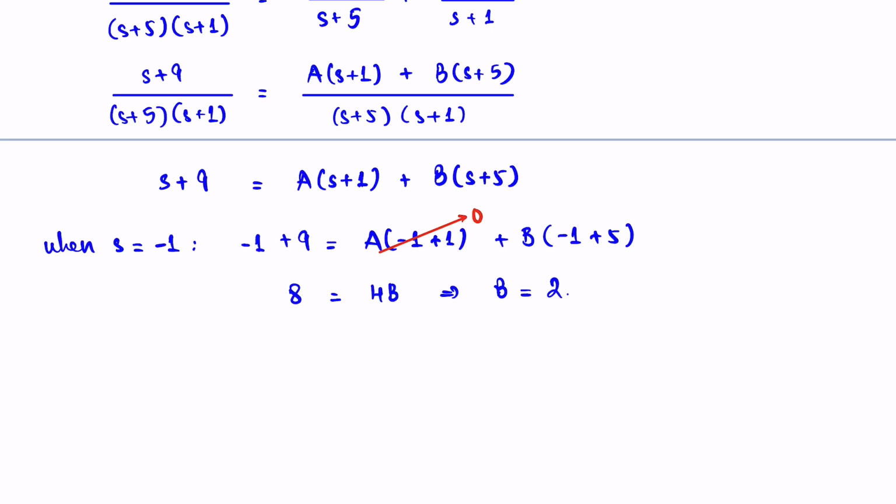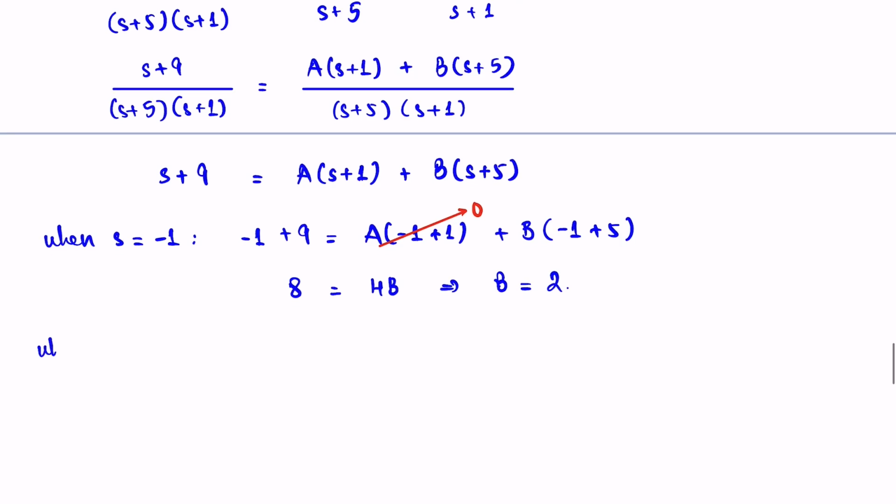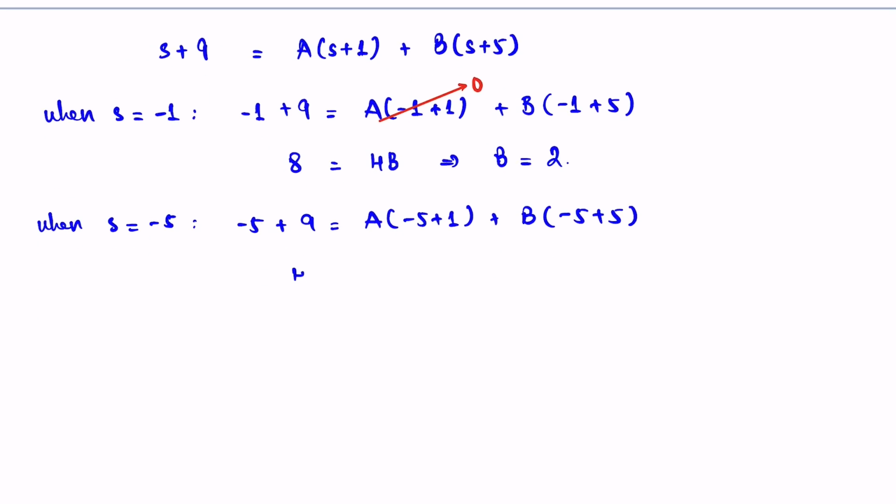Now when s is equal to negative 5, you get negative 5 plus 9 equal to A times negative 5 plus 1 plus B times negative 5 plus 5. So on the left hand side you get positive 4 equal to negative 4A. This term is equal to 0, and therefore you can solve for A, and A is equal to negative 1.